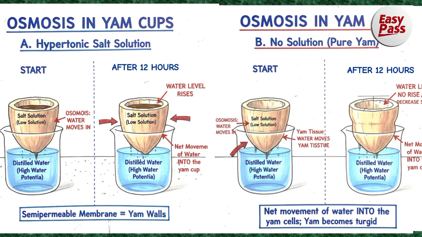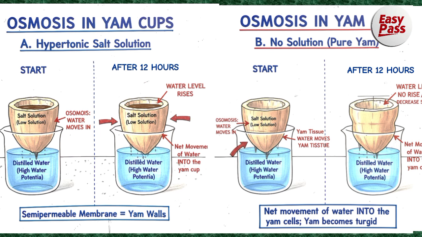Once it has been peeled, we make a hollow shape within it to serve like a cup for this experiment. Now in A, I put some salt solution inside the hollow shape, and that salt solution is ensured to be hypertonic in nature. In the second yam tissue, B, no solution was placed inside.